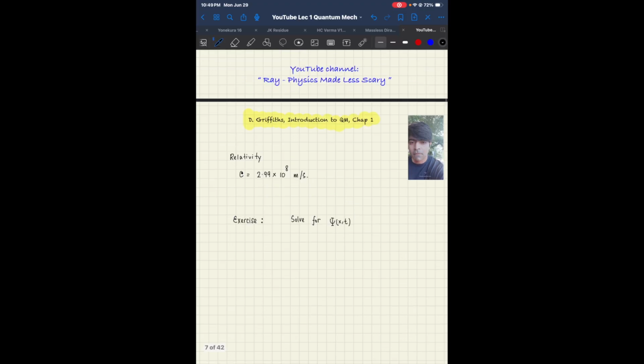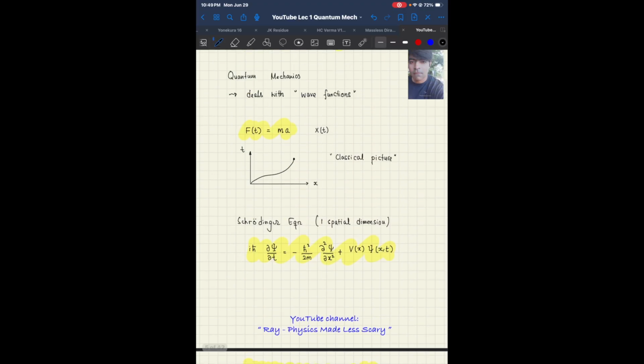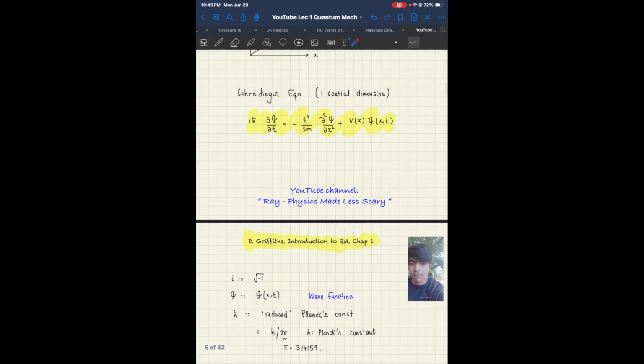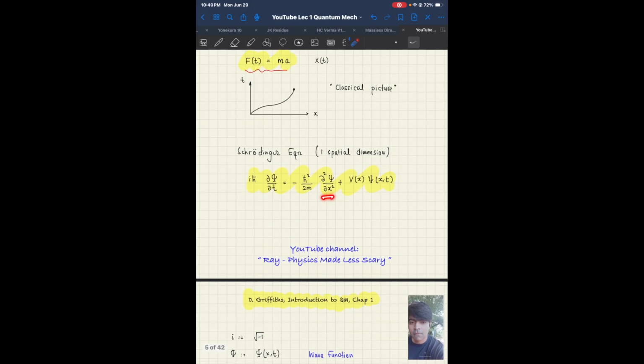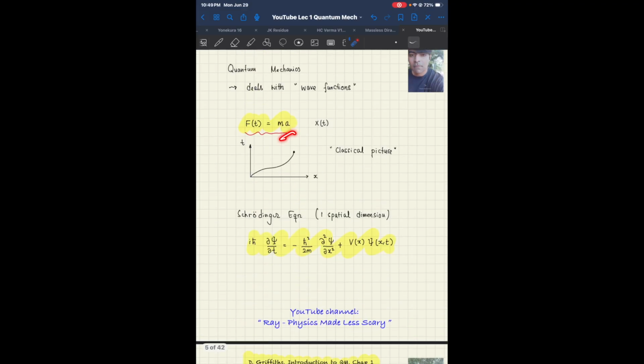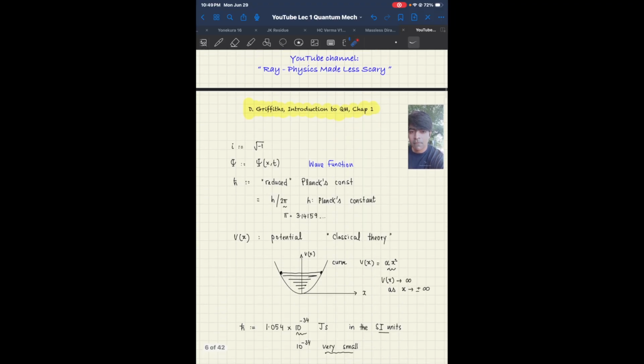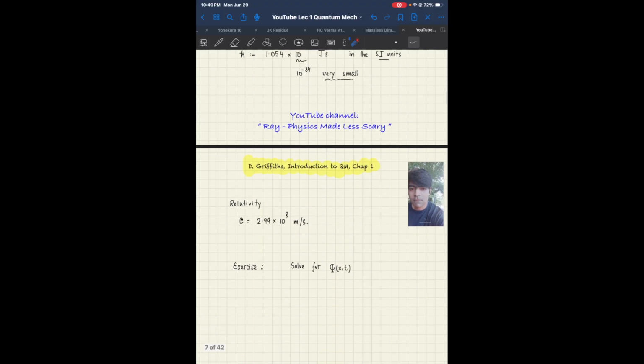It's exactly analogous to what you did in classical mechanics. You solve the differential equation, something like this. Now you're instructed to solve a different equation called the Schrodinger equation. It looks scary, but trust me, it's the same thing. It's exactly a second order equation, just as this one was. Okay, good.